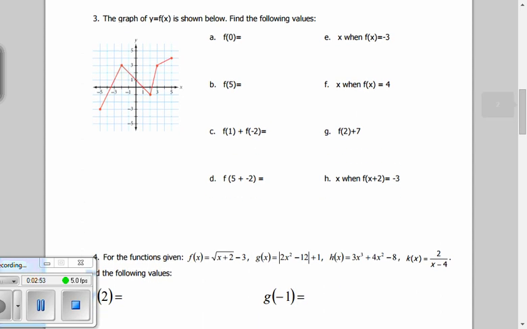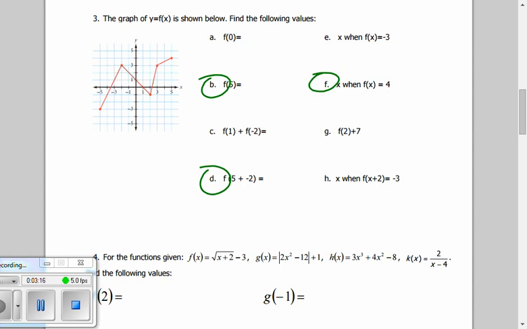Just for help, I'm going to do some of the odd numbers or letters. Your assignment is even letters, so you'd have to do B and D and F, but I'm going to do like F of 0. Remember on this kind, they've either given me X or they've given me Y. If they say F of 0, did they give me X or did they give me Y?